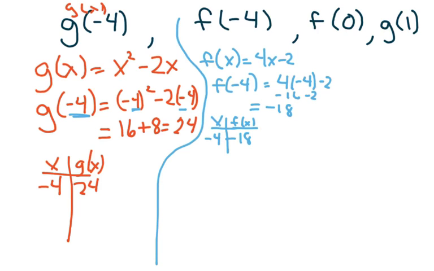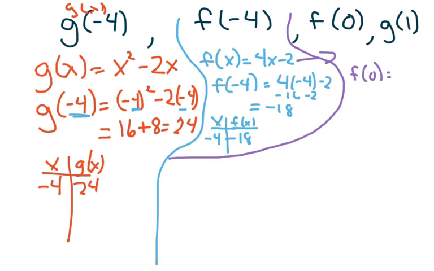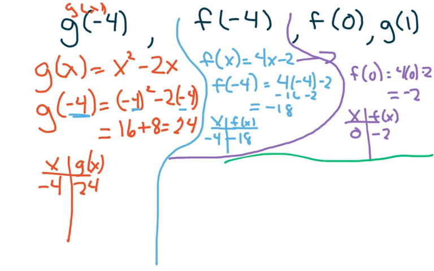Okay, now let's do the 0 one. So we're going to use this equation here. So f of 0 equals 4 times 0 minus 2, which just equals negative 2, because 0 minus 2 is negative 2. So when x is 0, my f of x is negative 2. And the last one, g of 1.